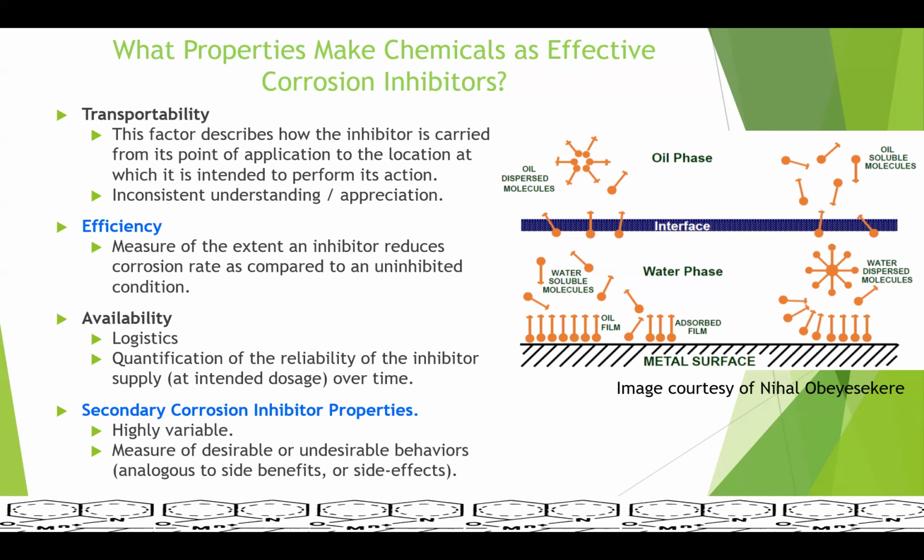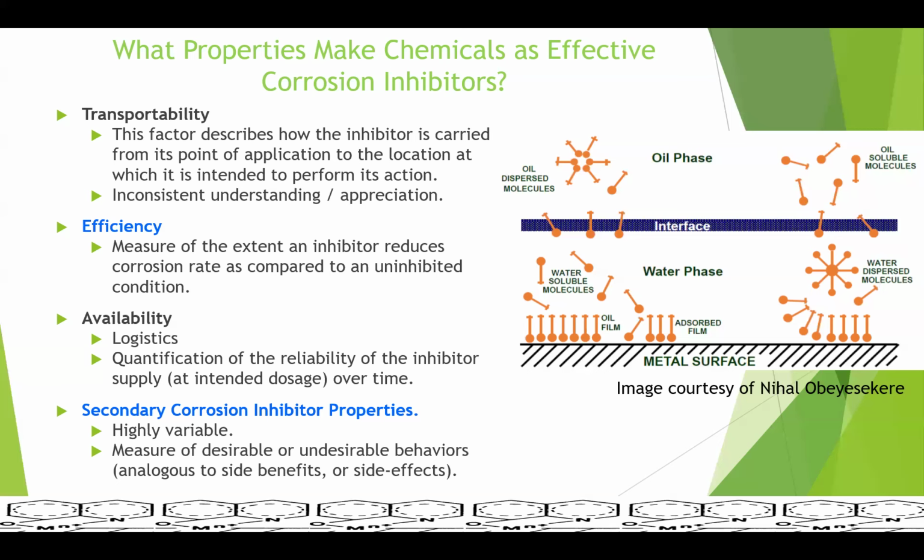Efficiency is a measure of the extent to which the inhibitor can reduce corrosion when compared to the uninhibited condition. This is over-researched, over-published information, efficiency. However, there are no quantitative standards.